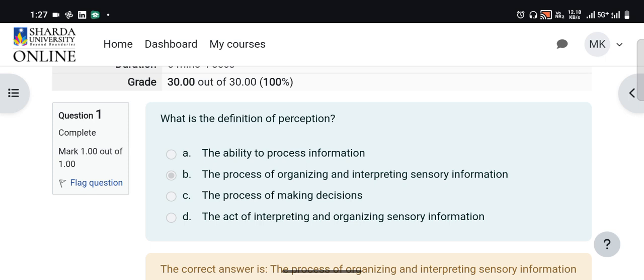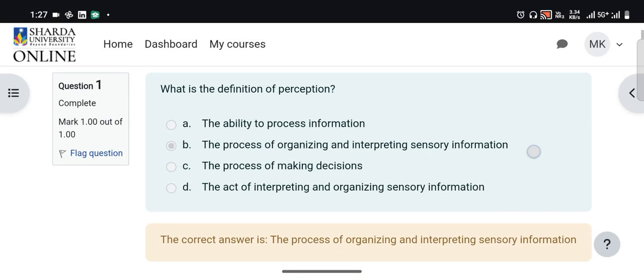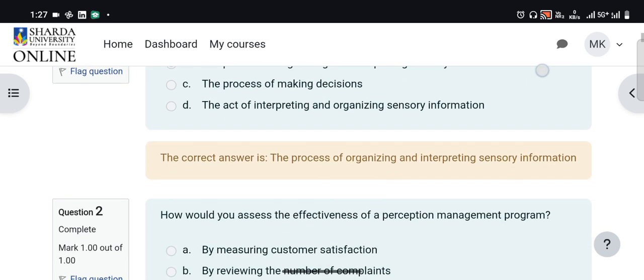Option C, the process of making decisions. Option D, the act of interpreting and organizing sensory information. The correct answer is the process of organizing and interpreting sensory information.